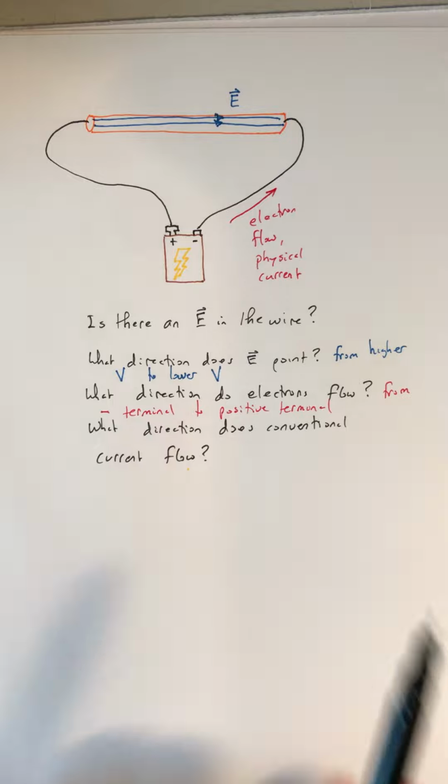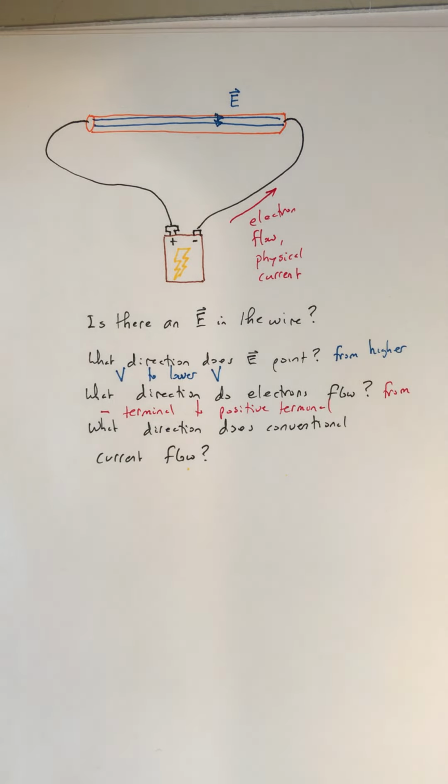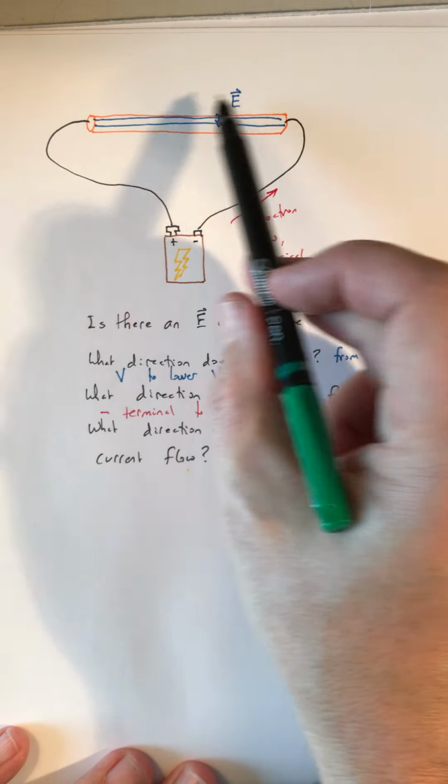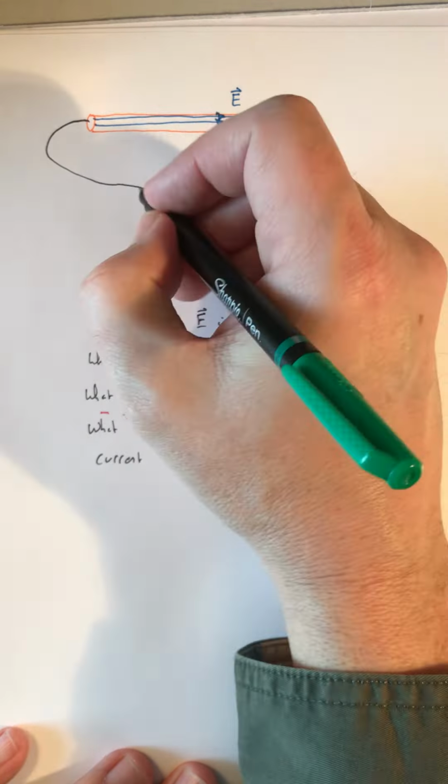Now, everything for our conventions for circuits are set up for hypothetical positive charge carriers. So conventional current would be made up of positive charge carriers that would be repelled from the positive terminal and attracted to the negative terminal.